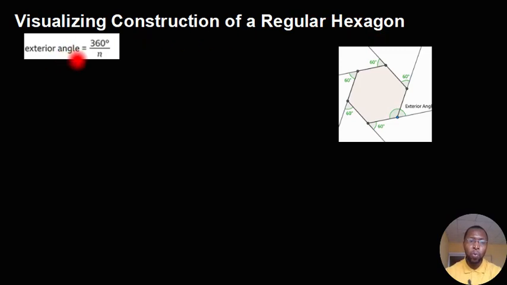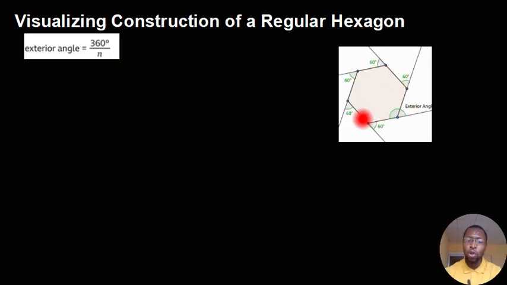Exterior angle is equal to 360 degrees over n, where n represents the number of sides. In our case here, because we are constructing a hexagon, the number of sides is 6. So 360 divided by 6 will give us 60 degrees. And that 60 degrees represents the exterior angle, as you could see here. So you can see that the exterior part of this polygon has 60 degrees each.